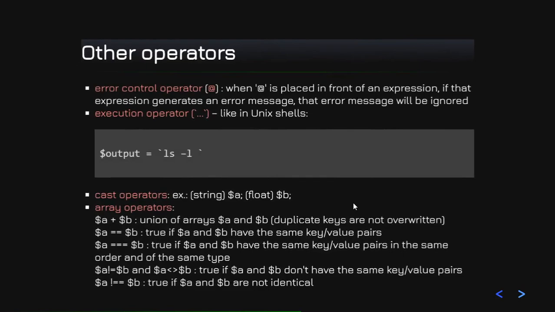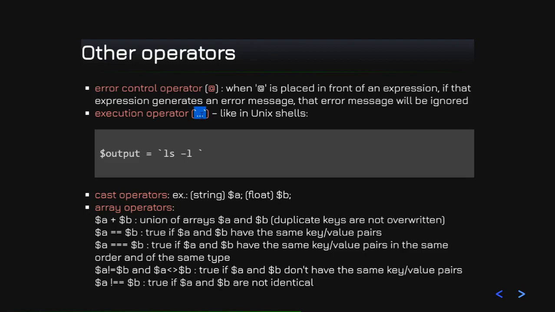Okay, some other operators. We have a special operator, this one. If it is placed in front of an expression and the expression generates an error, no error message will be generated. We have the execution operator, just like in the shell of the Linux operating system.